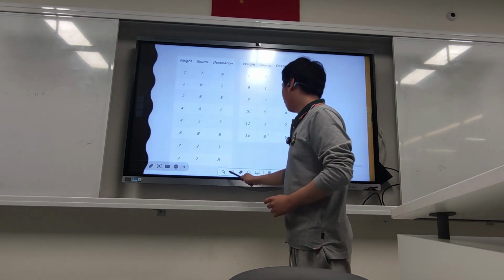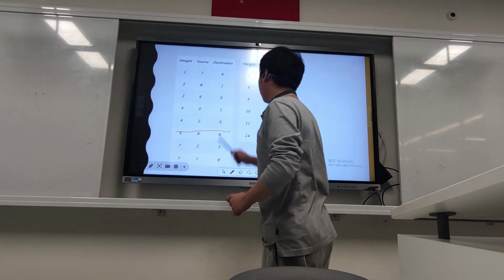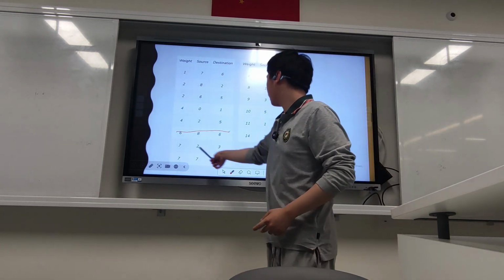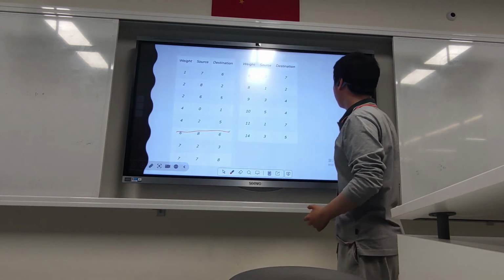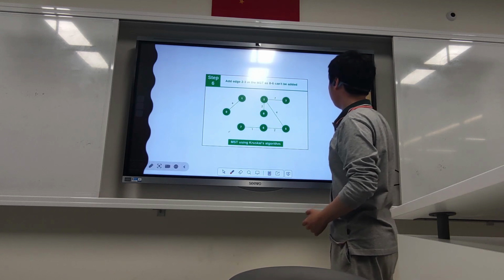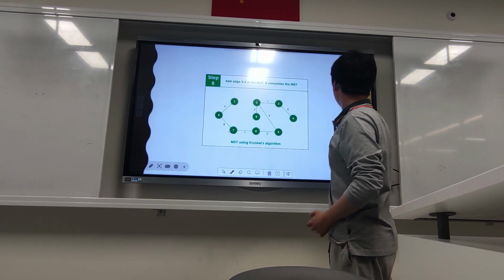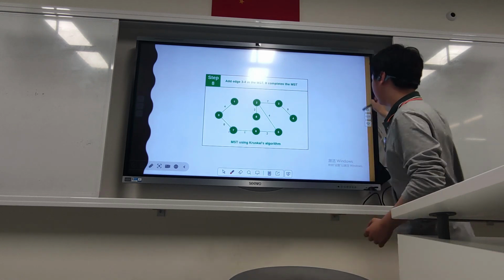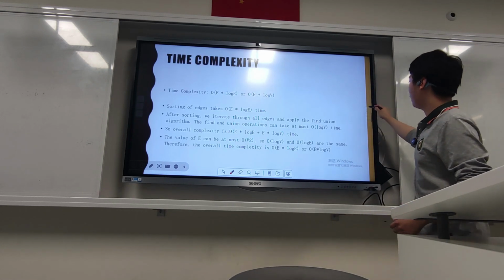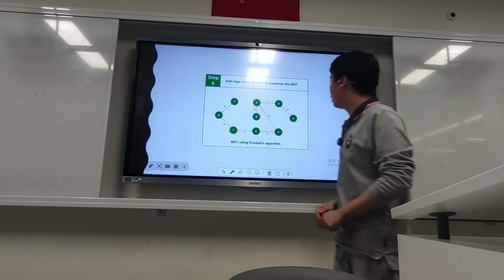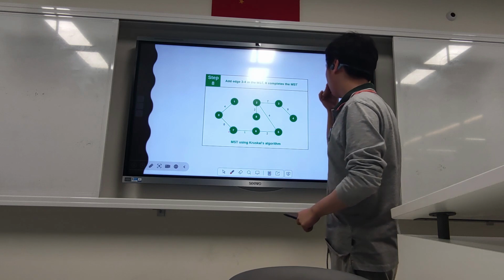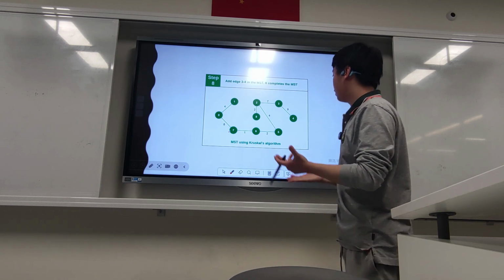So we'll just ignore this edge, and we'll just look at the one between 2 and 3. Then 3 and 4 here with weight 9. And you can find that all the vertices are now connected, and you have your minimum spanning tree.